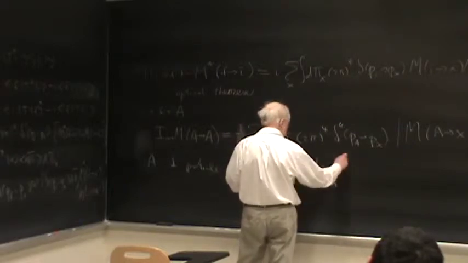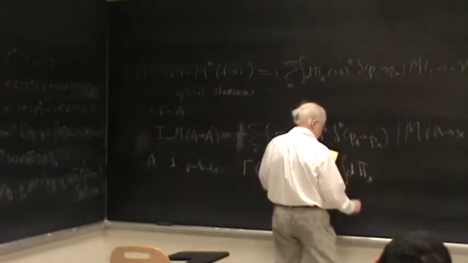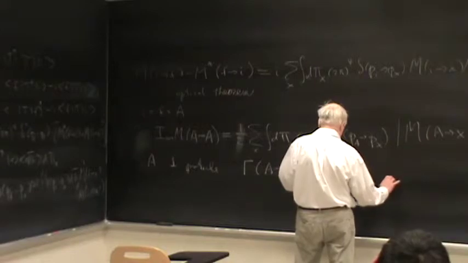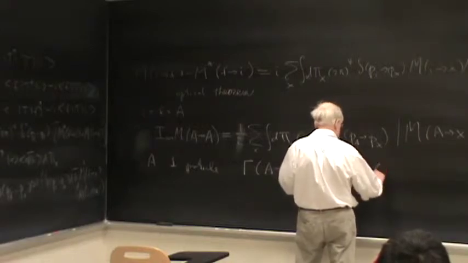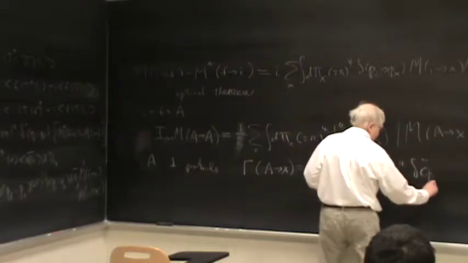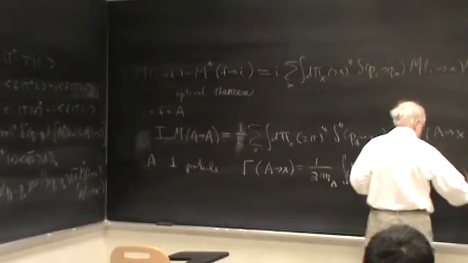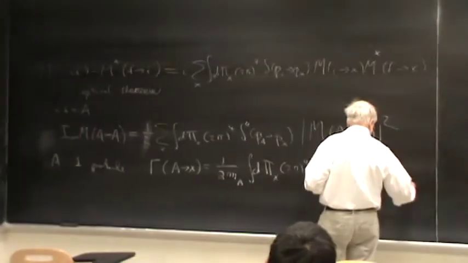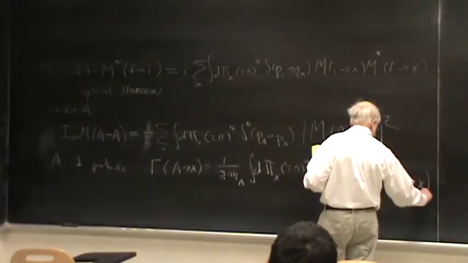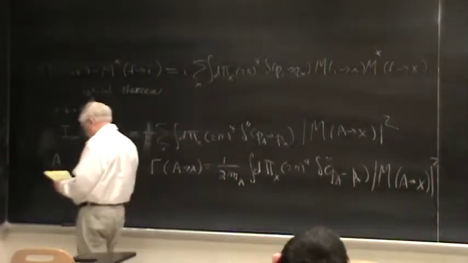Anyway, it's 1 over 2 m_A, integral dΠ_X, the invariant phase space for whatever the final state X is, and then (2π)^4 δ^4(p_A − p_X), times the absolute value squared of M(A → X). All right, so that's the decay rate.